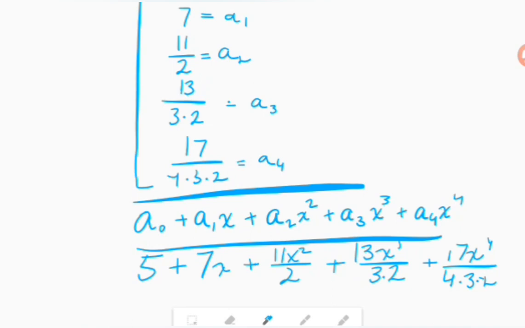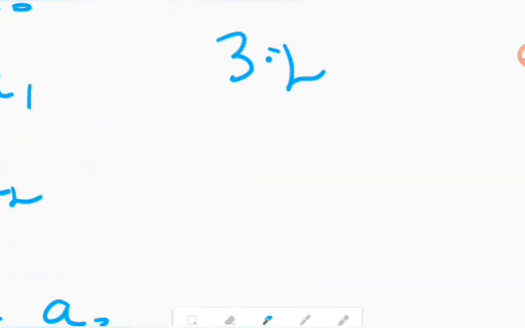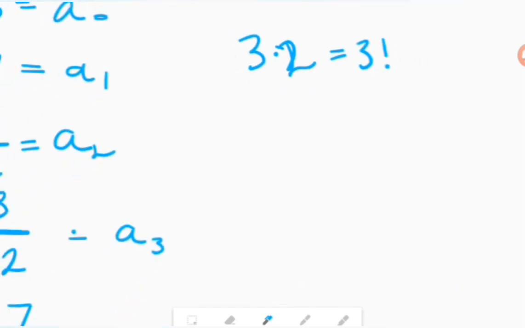Alright, and just an FYI, when I say 3 times 2, that can also be rewritten as 3 factorial. In the same way, 4 times 3 times 2, technically times 1, is rewritten as 4 factorial.